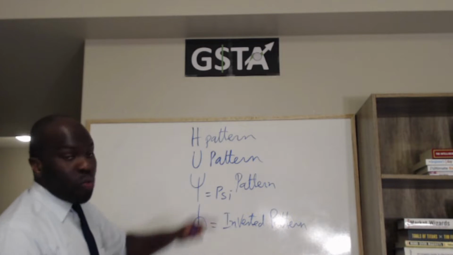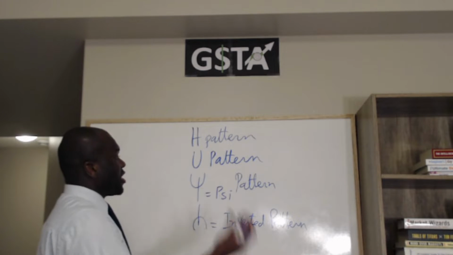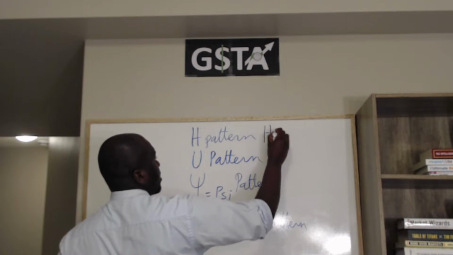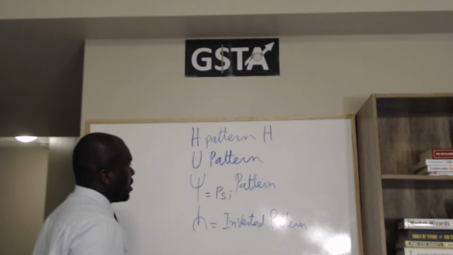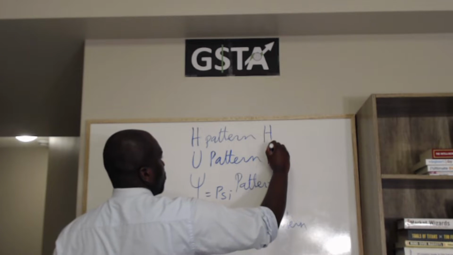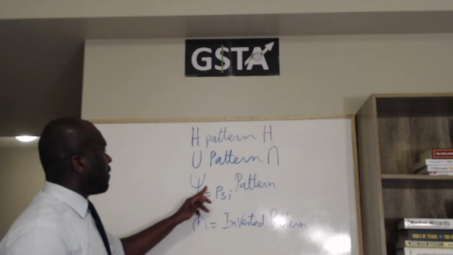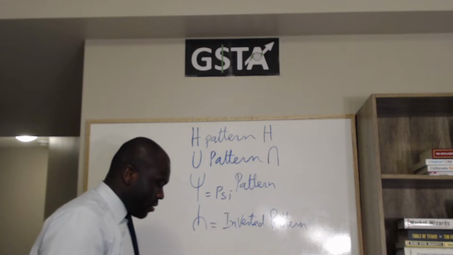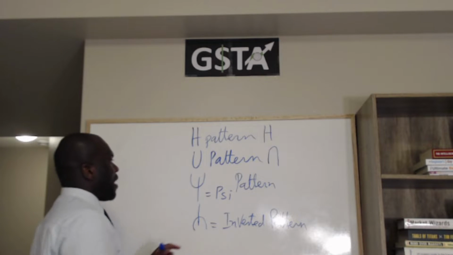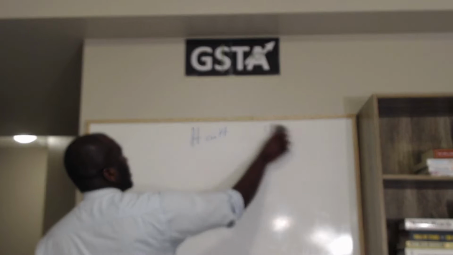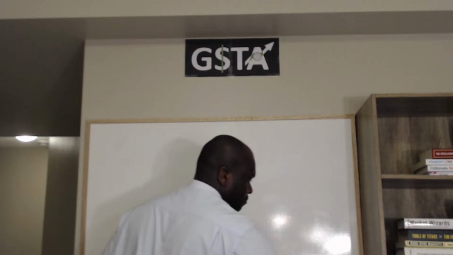But for the H, there's one pattern. Even if it's inverted or not, it's still H, right? If you invert that, it's still H. The U pattern, if inverted, you have something like that, right? And the psi pattern, we have this regular, and the inverted pattern, you have that. So basically, this pattern that I would like to explain to you is all about, you know, you have a kind of trend market, or you have a momentum upcoming.